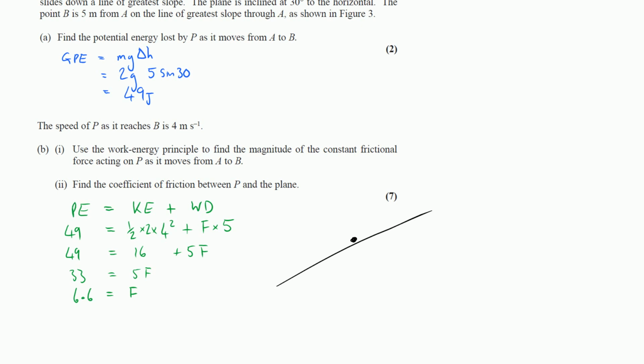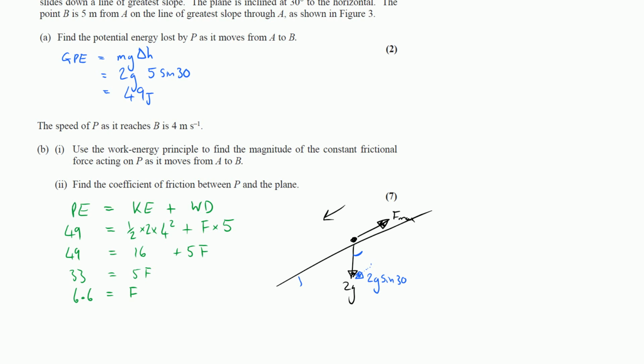Think about this particle that's going to be moving down the plane. It's got 2g acting downwards. It's got the friction force F max acting upwards. Let's also resolve for the parallel component to friction, which is going to be 2g sine 30, as the angle in the top here is going to be the same as the angle that we had at the bottom here.